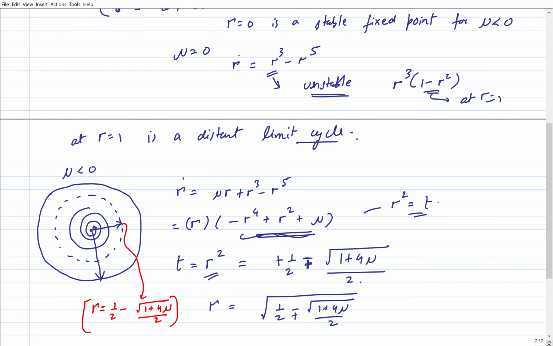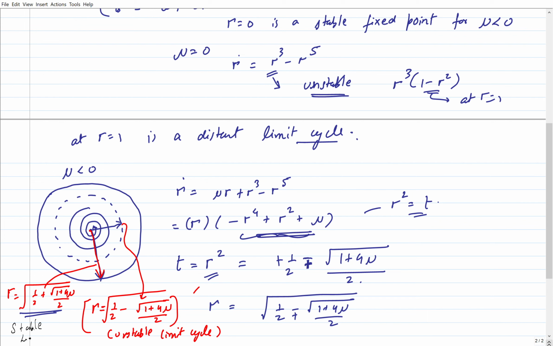And I have this attractor, r plus, which is the square root of half plus the square root of 1 plus 4 mu, over 2. The first one is the unstable limit cycle, and the other one is the stable limit cycle. So that's exactly what's happening.